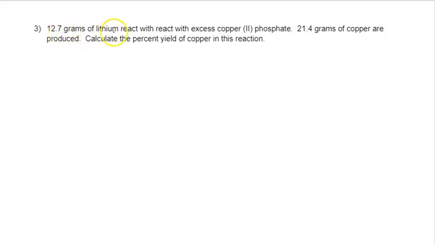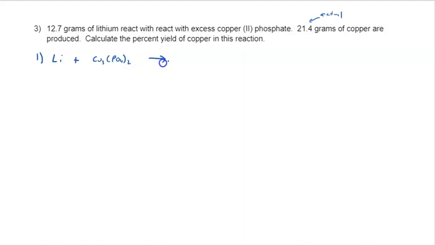We have 12.7 grams of lithium reacting with excess copper(II) phosphate. 21.4 grams of copper are produced. So again, we are given our actual amount. We have to figure out our theoretical yield, which means we need to start all the way up here at step 1. Lithium is reacting with copper(II) phosphate, so that's Cu3(PO4)2.